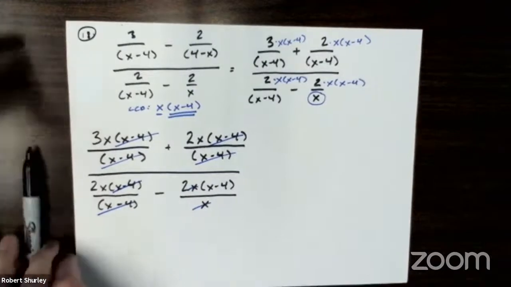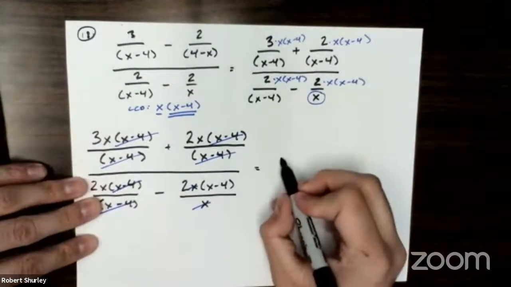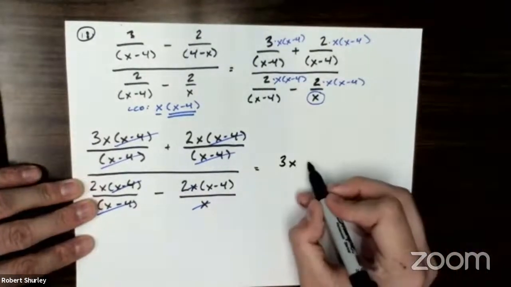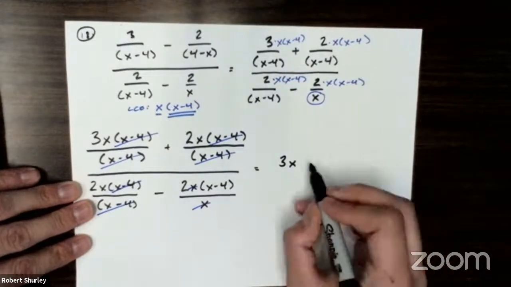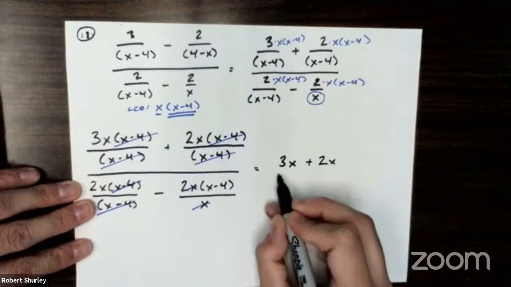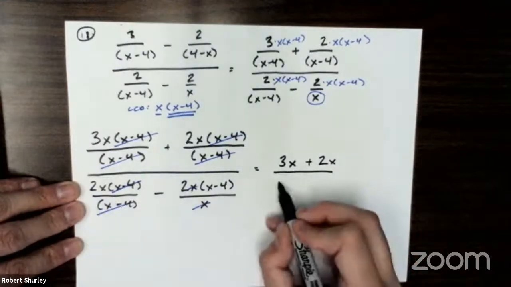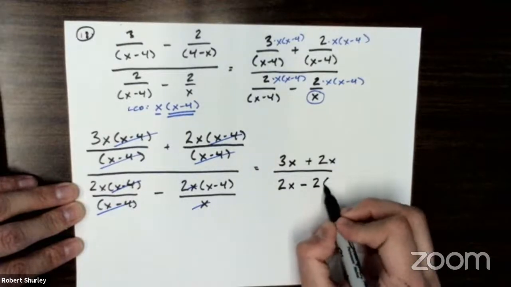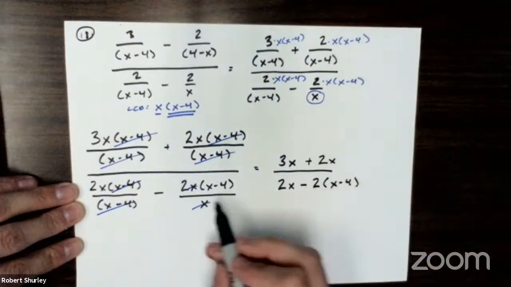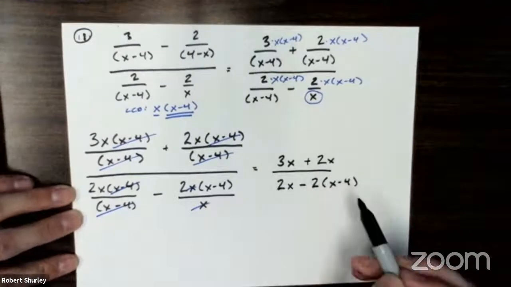So we're left with, in the top left fraction, 3x. The top right fraction, we're left with 2x. The denominator, we're left with 2x there, minus 2 times x minus 4. The x just went away.